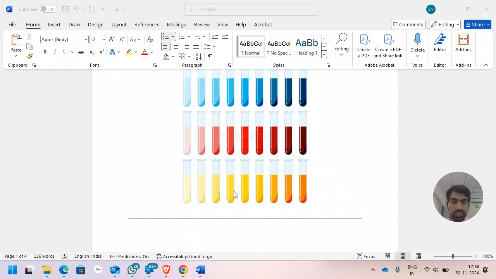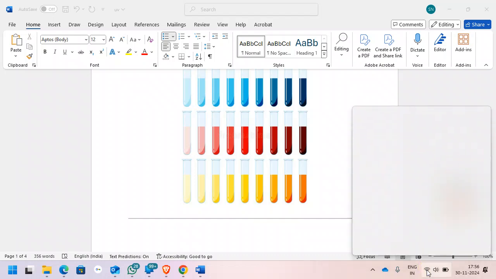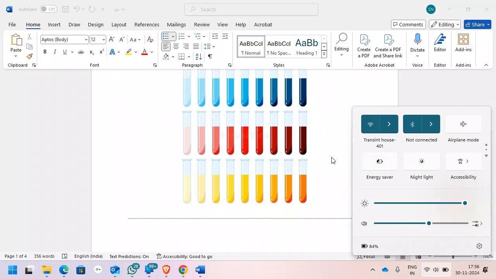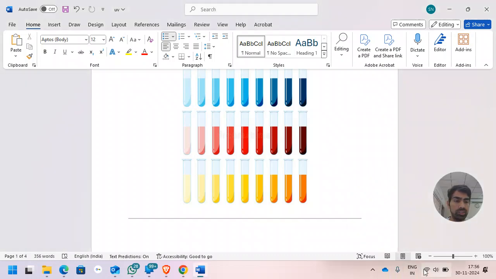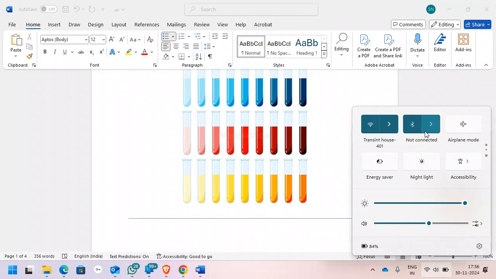Like that they measured. This measurement is not accurate. We cannot find decimal points. For decimal points we need another instrument, and that is UV spectroscopy.